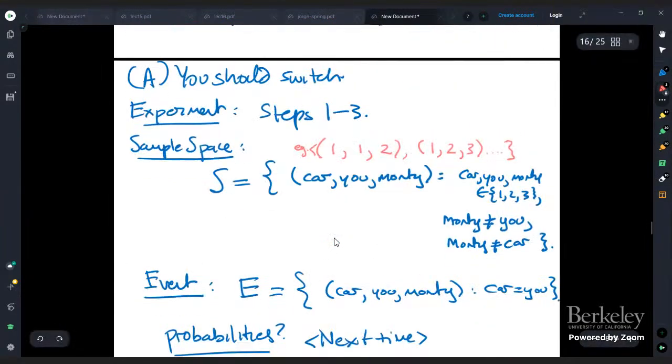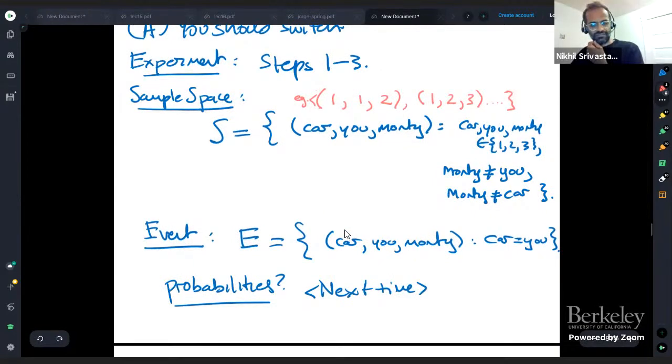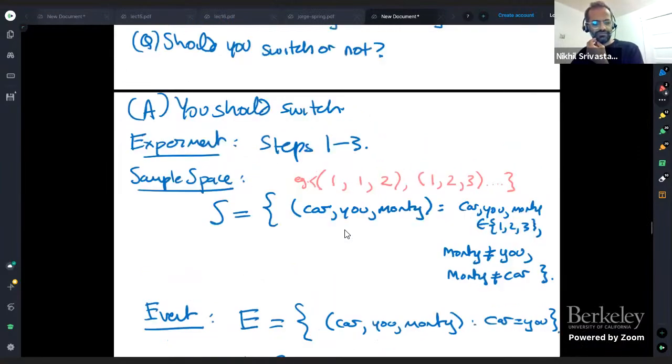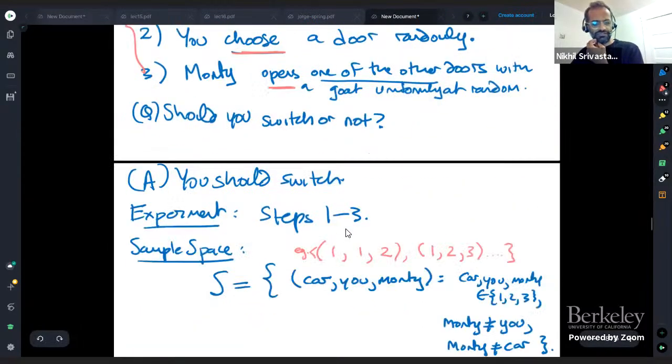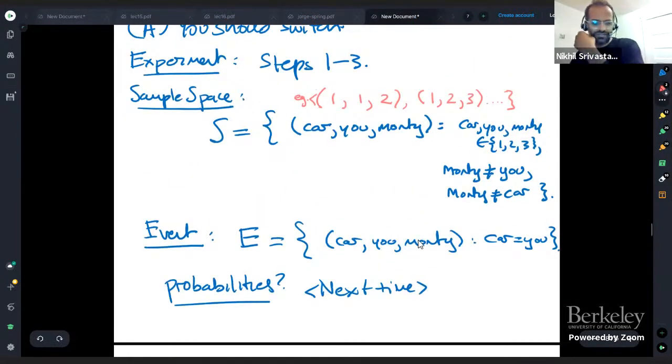Then it's just simply 1/3, right? Well, so okay, I see. Maybe car equals you. You're right. Yes, the probability of E is 1/3.